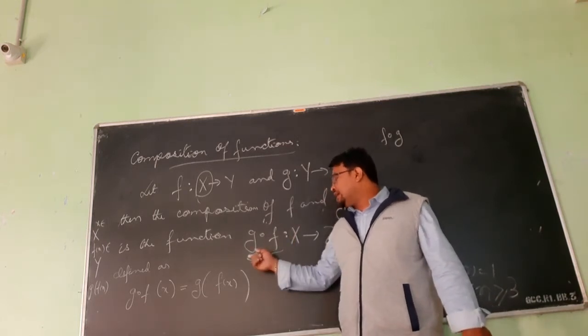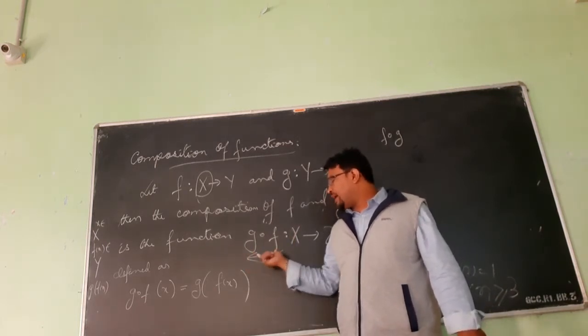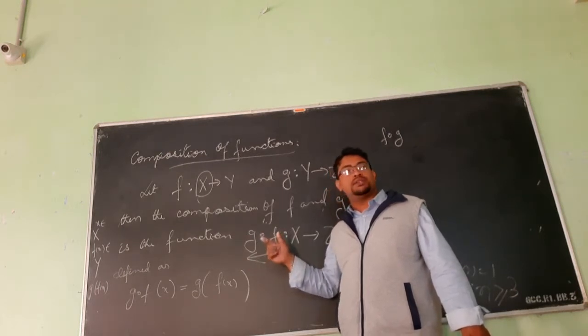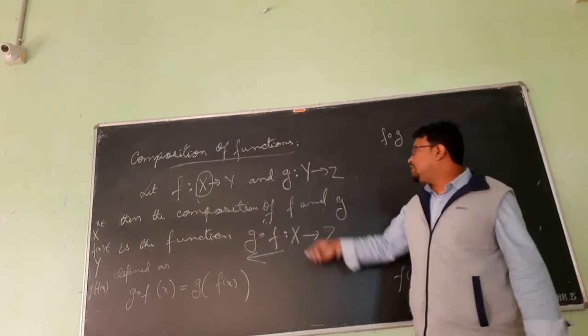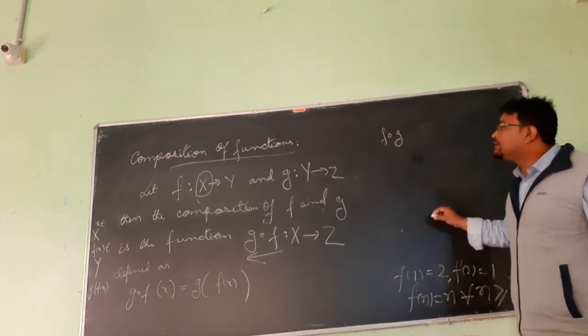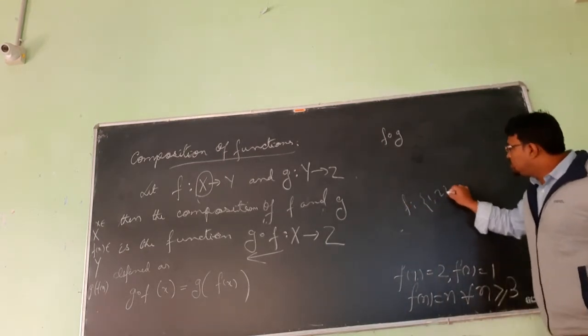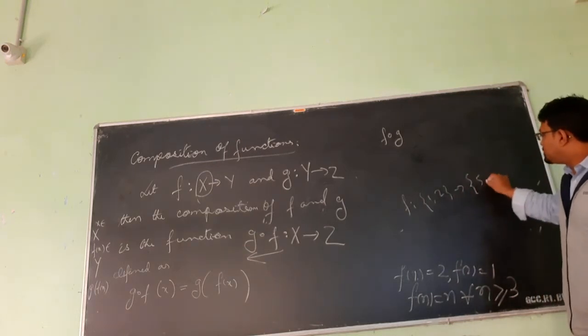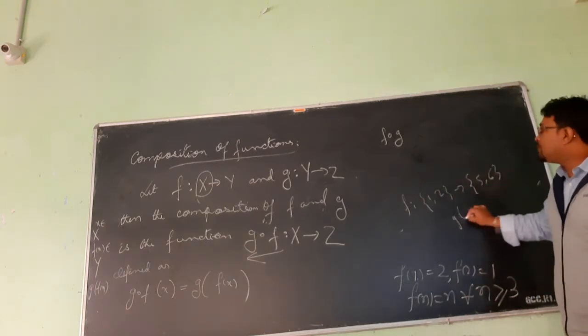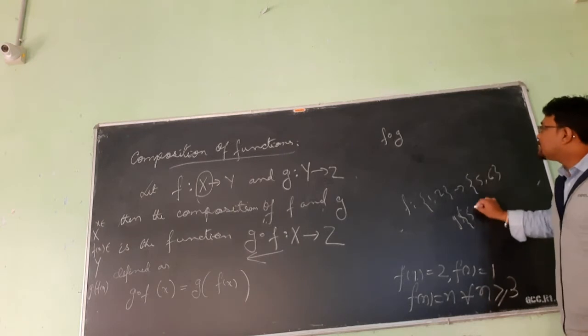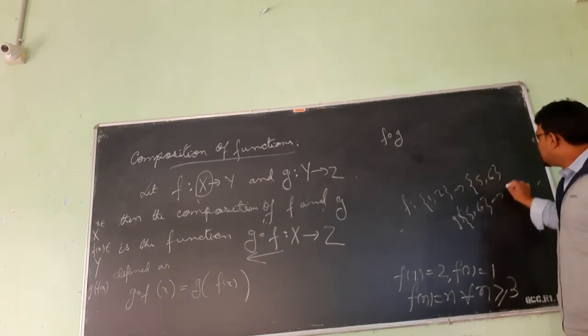If one of them is defined, it may happen that the other is undefined. Say f is a function from the set {1, 2} to the set {5, 6}, and g is a function from the set {5, 6} to the set {7, 8}.